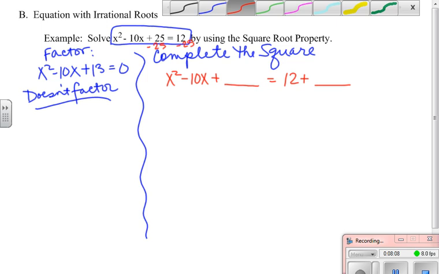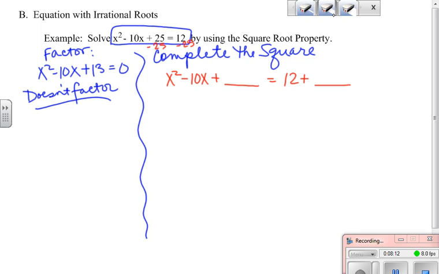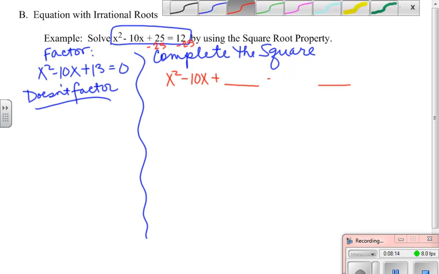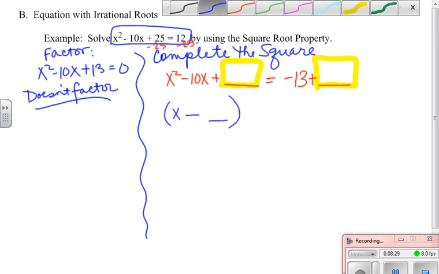So when I do that, I end up with negative 13 on this side. Now I'm going to go ahead and find a new value for right here so that I can turn this into a perfect square quantity. Okay?